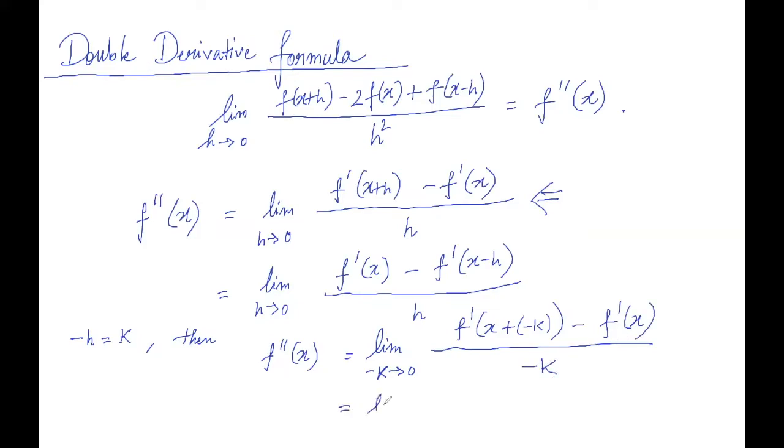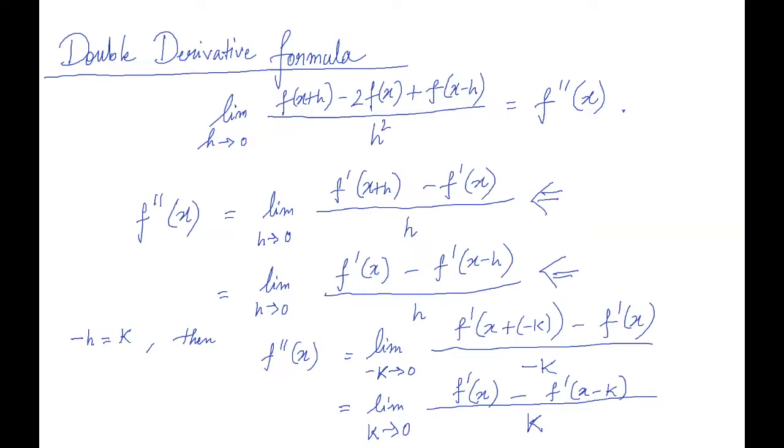Now we are multiplying with the minus sign both in the numerator and the denominator. So this becomes k in the denominator, and the numerator becomes f dash x minus f dash x minus k. So you see that if we just replace k by h, we are getting what we claimed.